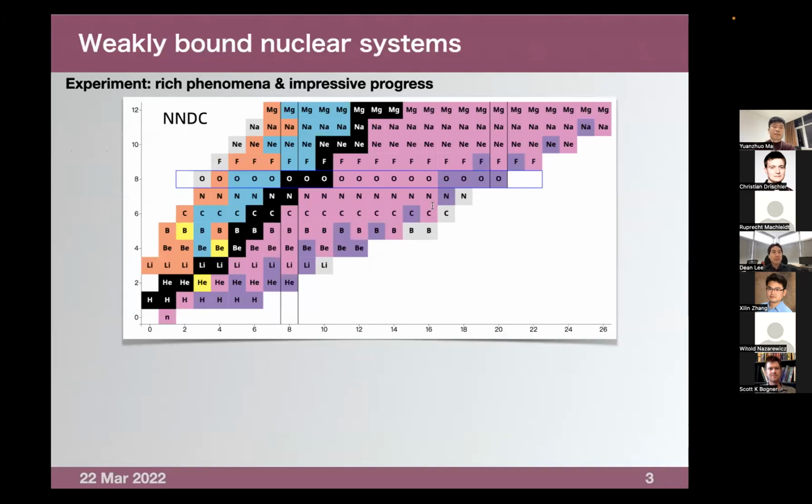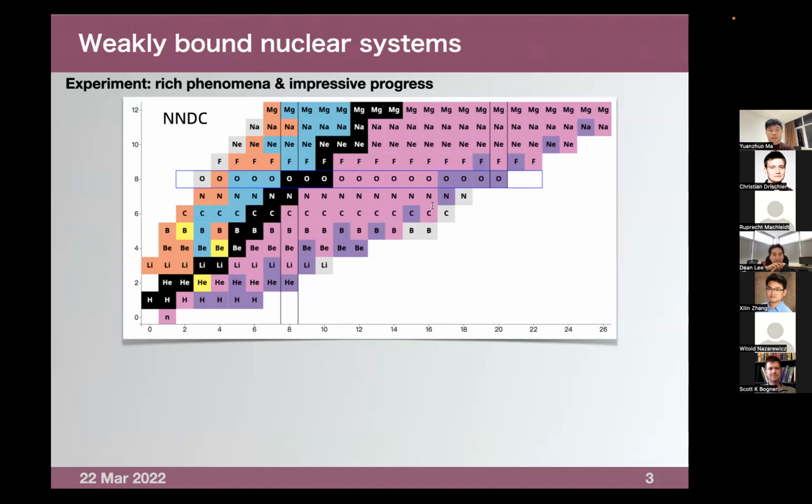So we know that the atomic nucleus is a self-bound quantum many-body system, and as we add particles, protons or neutrons, to its limit, this self-bound system will become weakly bound or unbound.